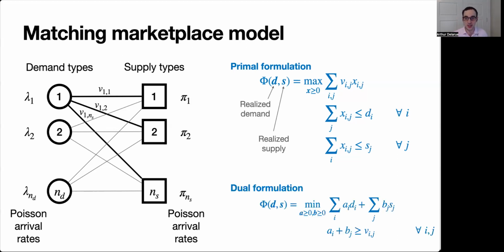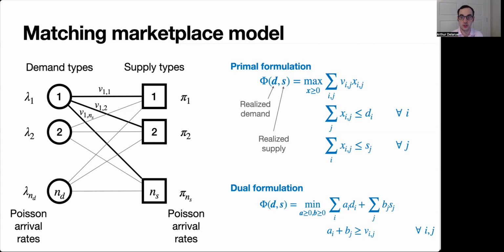What that means is that it can equivalently be formulated using the dual of this linear program. I don't want to talk too much about this dual; again, you've probably seen this in a textbook at some point. But what I do want to highlight is the decision variables of the platform.